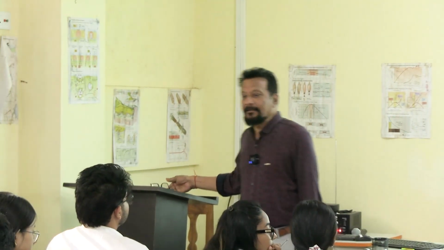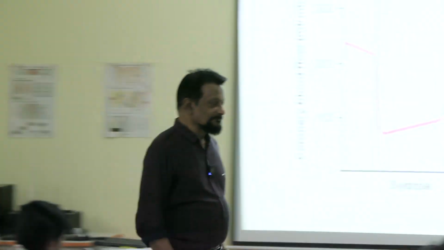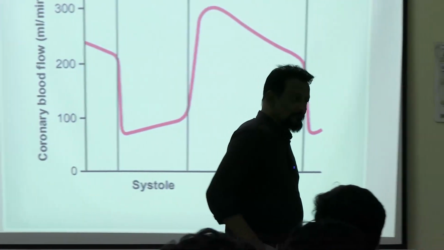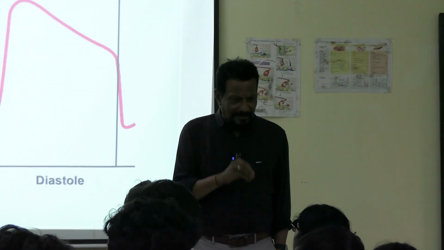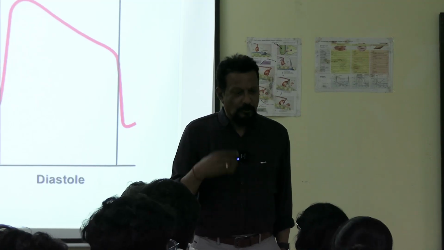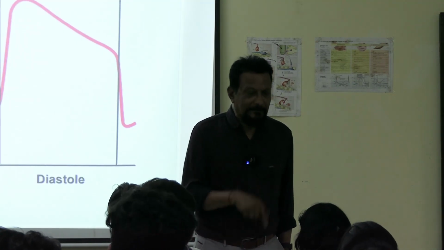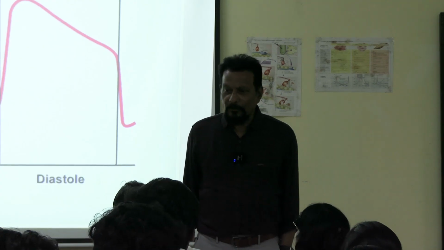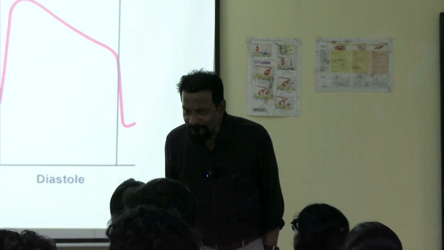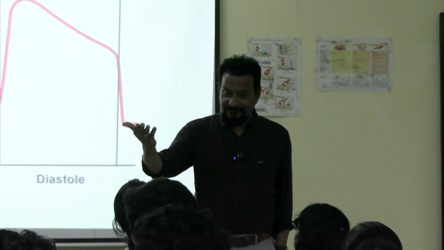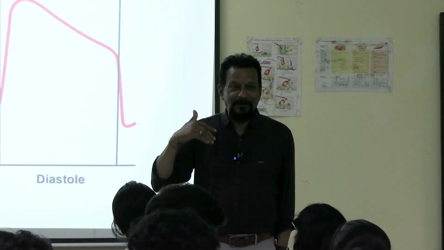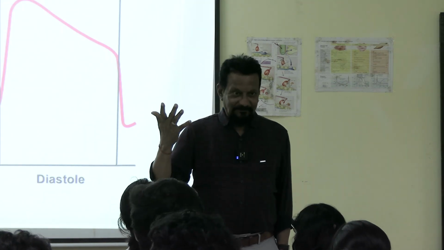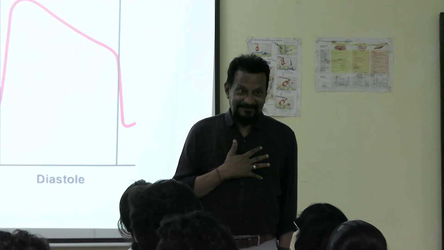What is tachycardia, bradycardia? Increased heart rate. Okay. So your normal heart rate, you said it is 72. So if it is increased to 80, can you call it tachycardia? No. Why not? There should be a range. It should be beyond 100 beats per minute, and it should sustain.